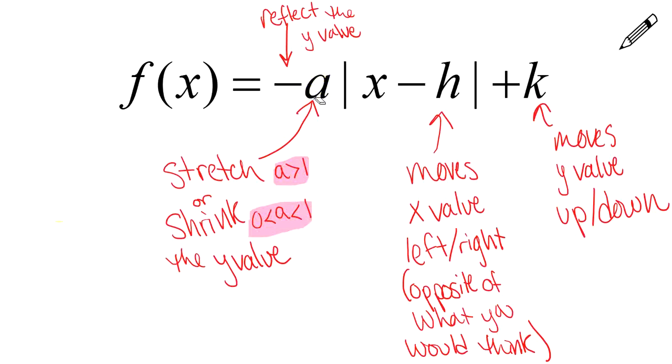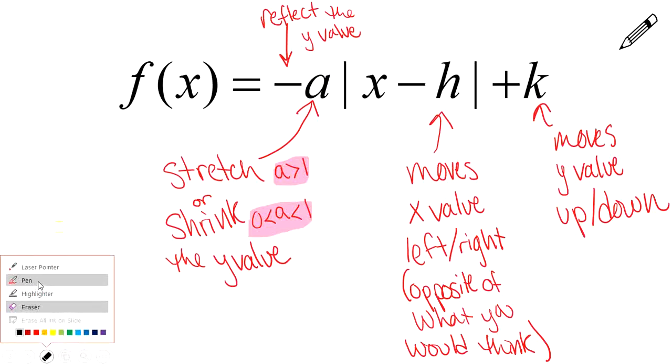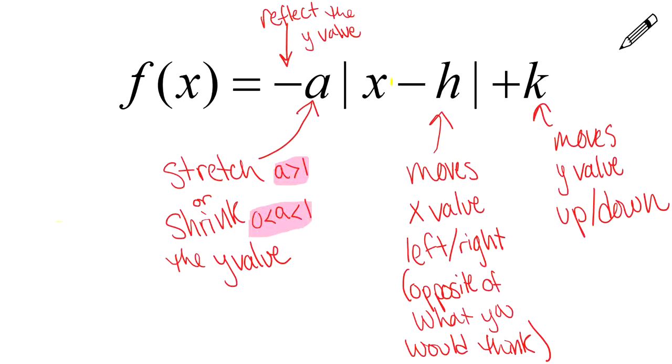And then the number on the inside, this minus h, that number is moving the x value, or it's moving it left and right. But remember, when we did it in the Desmos activity, it was opposite of what we would think. When we put in a +3, it moved left 3.